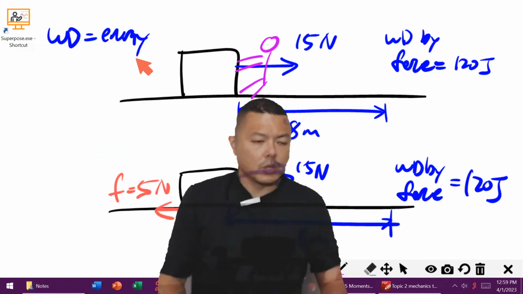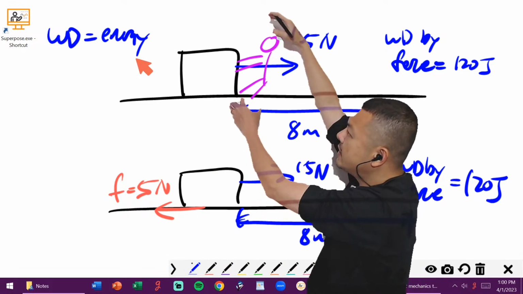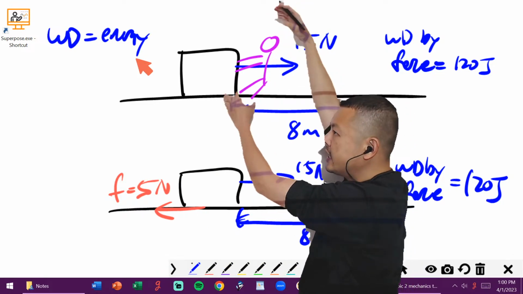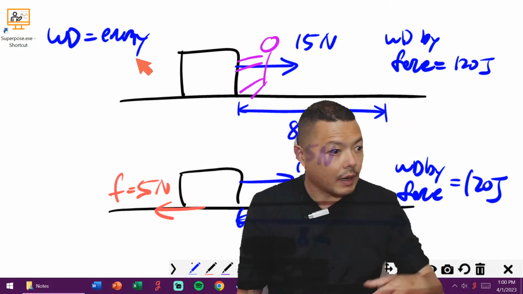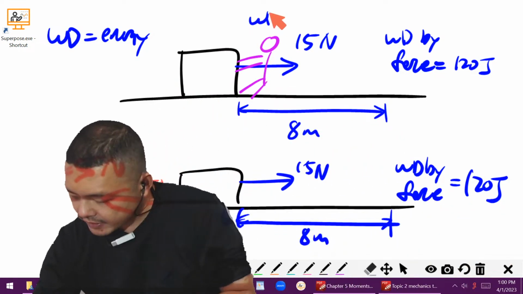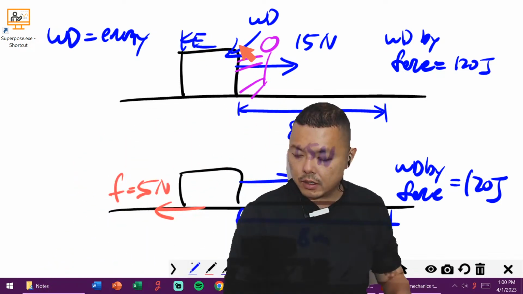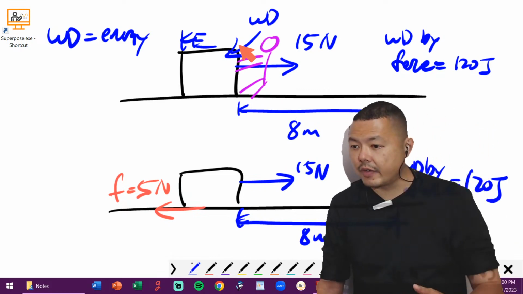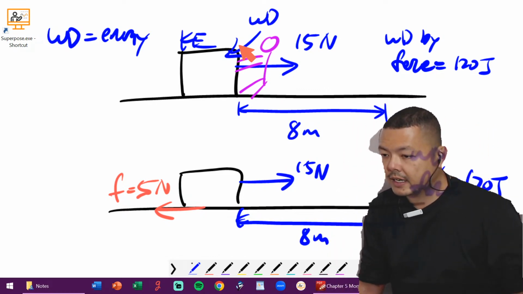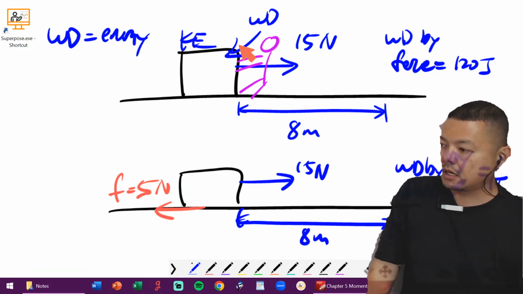So work done by this man, he's converting his chemical potential energy into the kinetic energy of the box. Work done is converting energy into kinetic energy. Did I say speed? Did I say velocity? Did I say acceleration? What did I say? KE. You understand this?